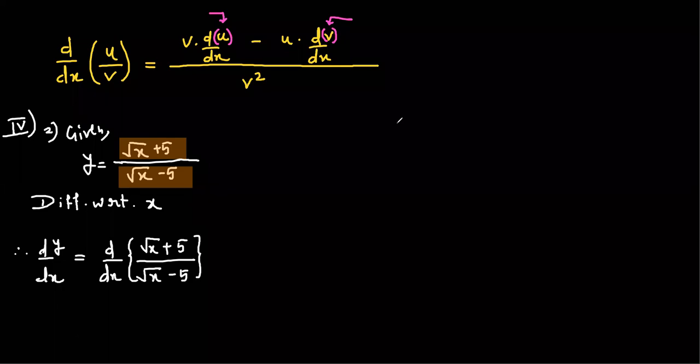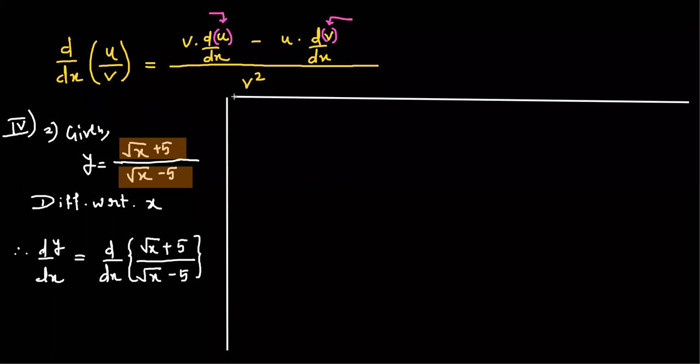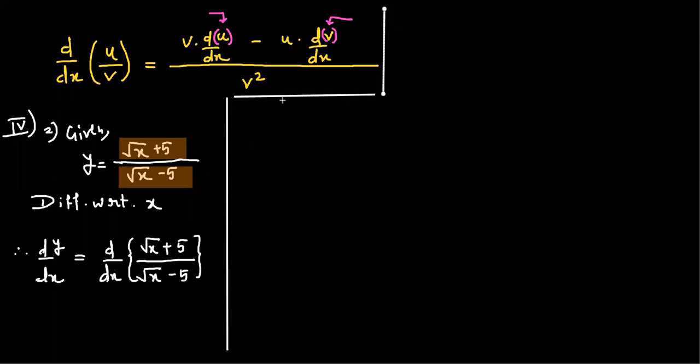So I now apply the rule here. What will I get? Therefore d by dx of y is the denominator. Remember students, denominator multiplied to derivative of numerator.